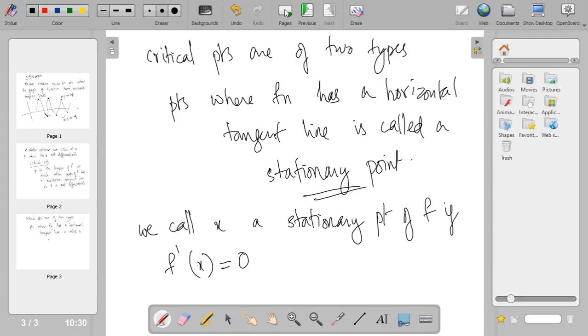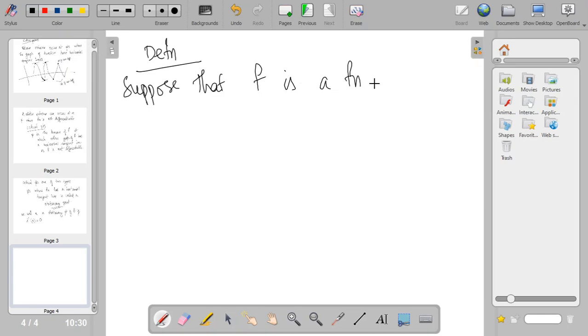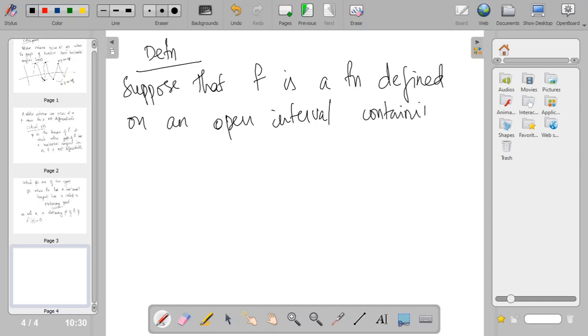Now let me give the formal definition of a critical point. Suppose that f is a function defined on an open interval containing the point x naught.